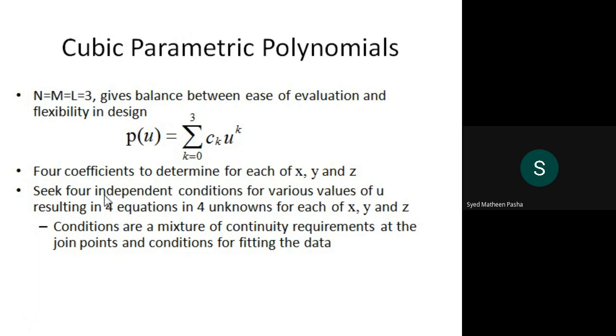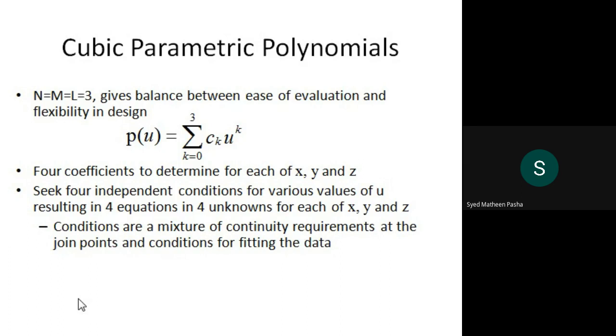In cubic parametric polynomials, we have 4 coefficients that are used to determine the plane, that is each plane is determined based on these four coefficients, that is x, y as well as z. You can find x, y as well as z with the help of these coefficients. Then these four independent conditions for various values of mu result in unknowns for each of the planes x, y as well as z, which basically links to this point. Then we have some conditions with respect to those four terms.